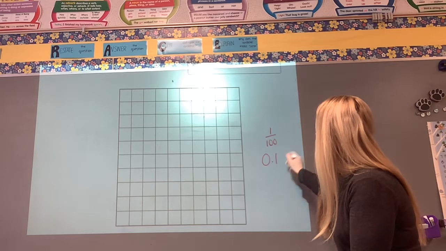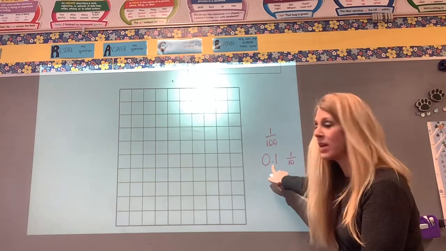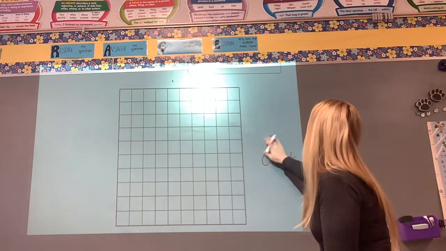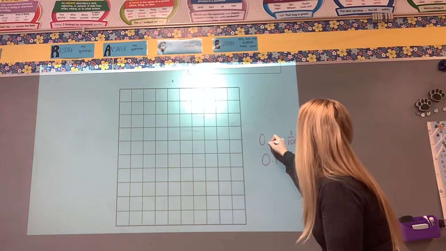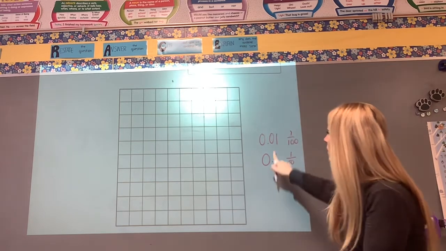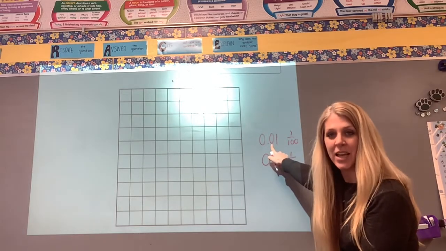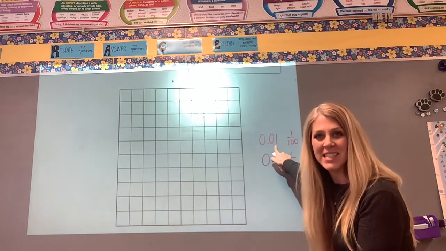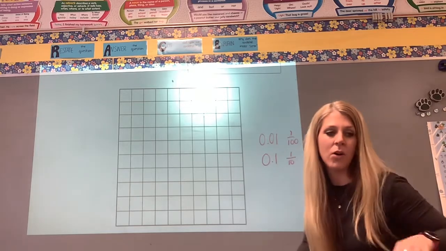So when we did this one, 1/10, we could write it as a decimal like this. Well, our 1/100th, we could also write that as a decimal. I'll scooch this over so it stays organized. We could write it as 0.01. So the first place value was tenths, like a fraction of a whole. Our second place value is hundredths, with the THS, because it's 1/100th of a whole.